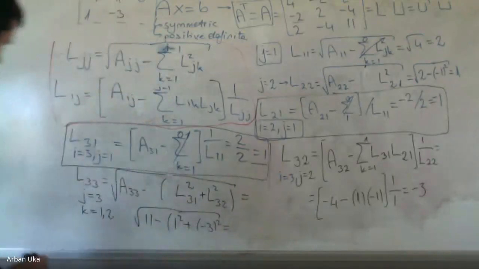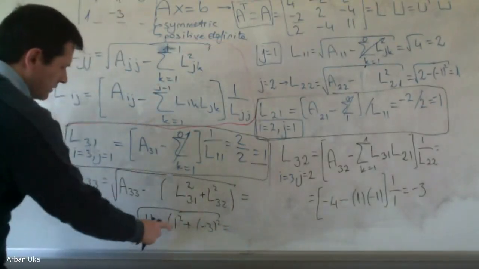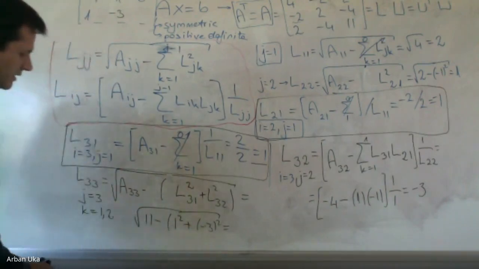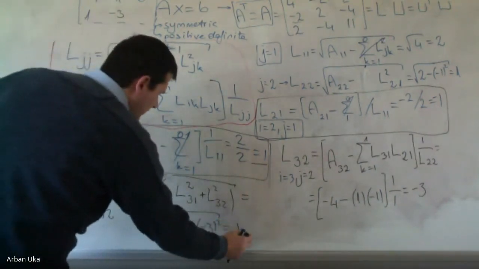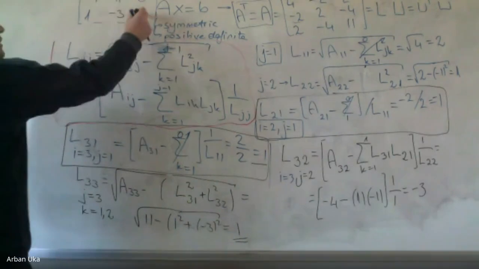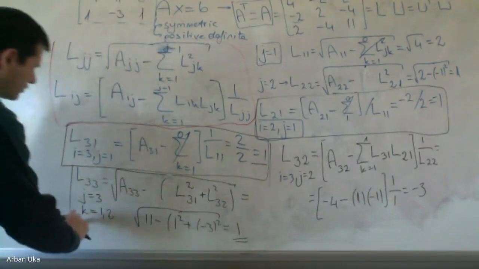This whole thing is equal to 11 minus 1 plus 9, 10, 11 minus 10, it's 1. Okay? So L33 is equal to 1. So this was the last element.